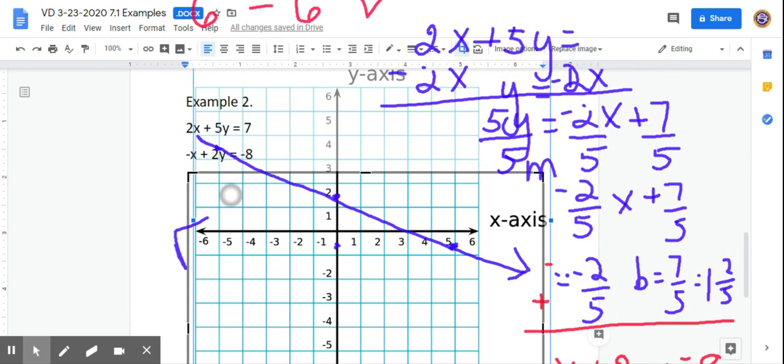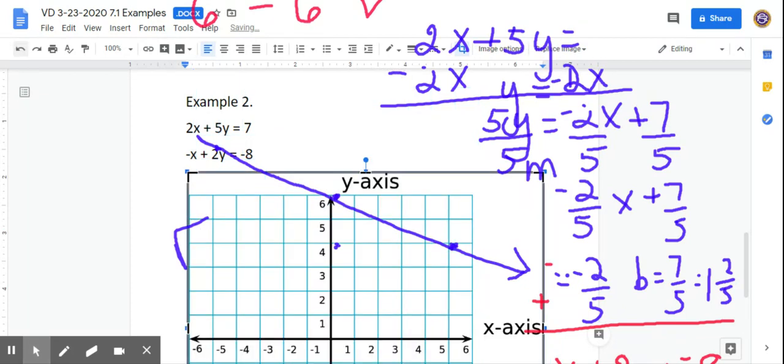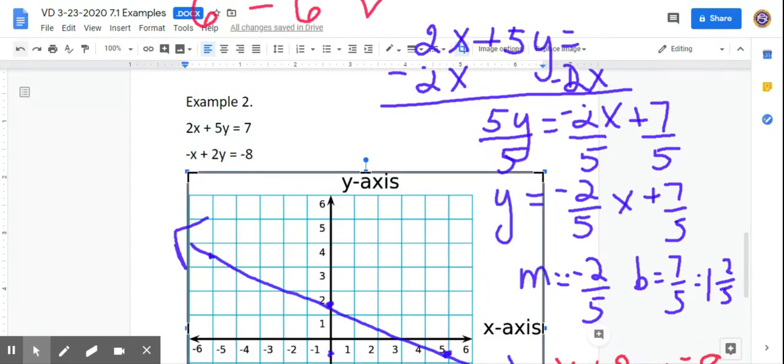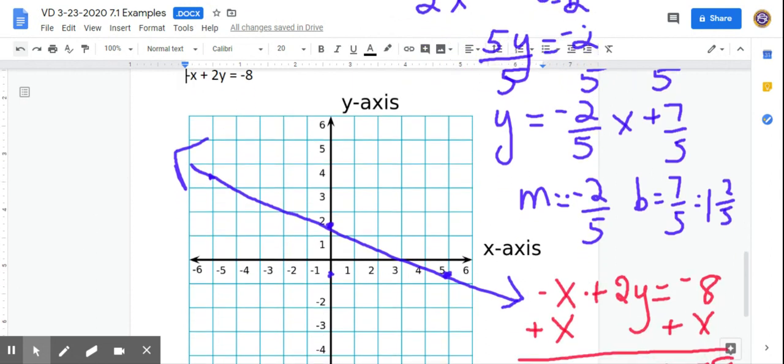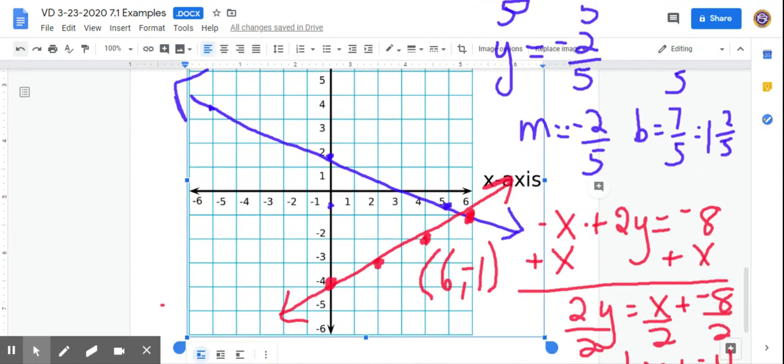I did. I don't know what happened there. Let's see if I can undo what I just did. Okay, there we go.